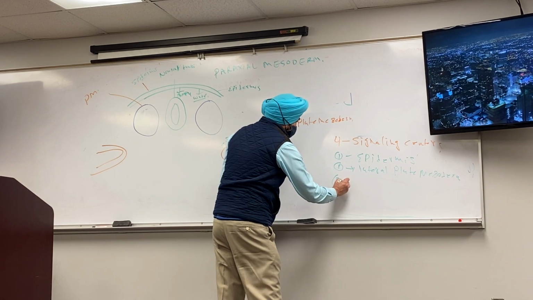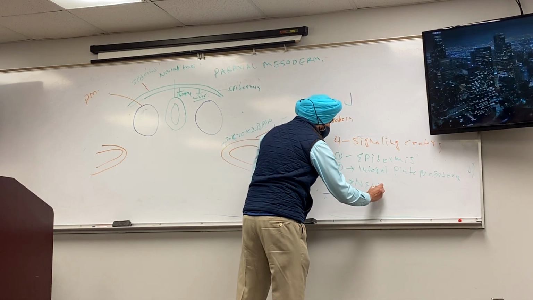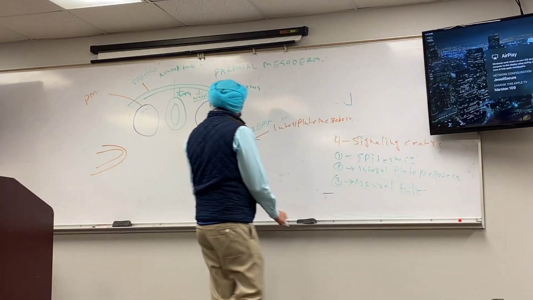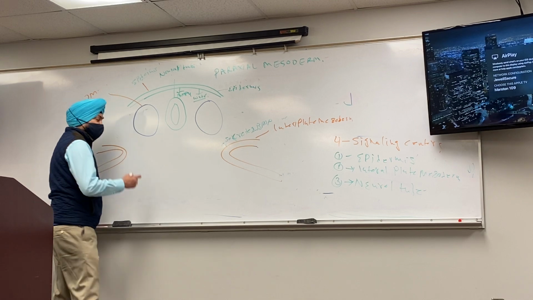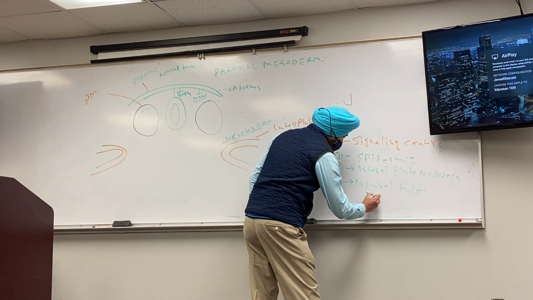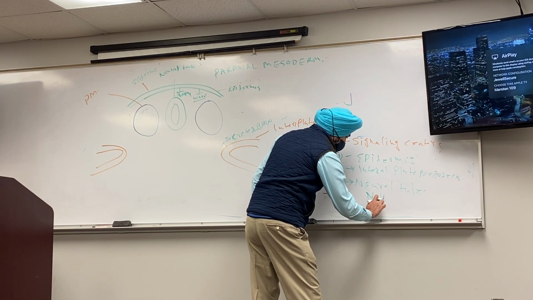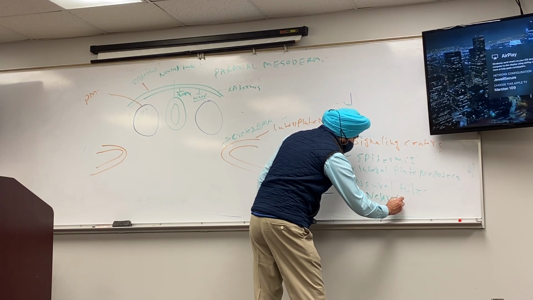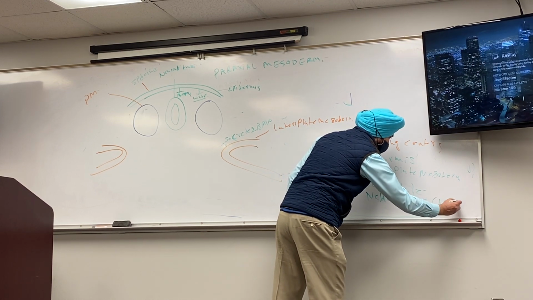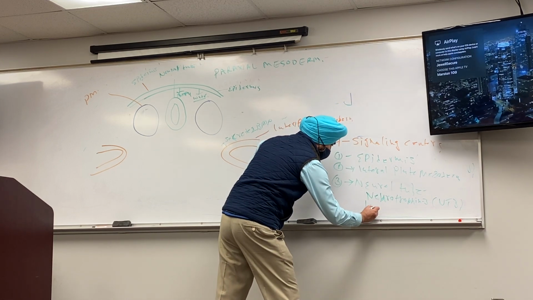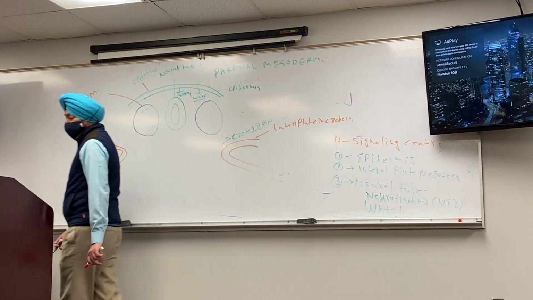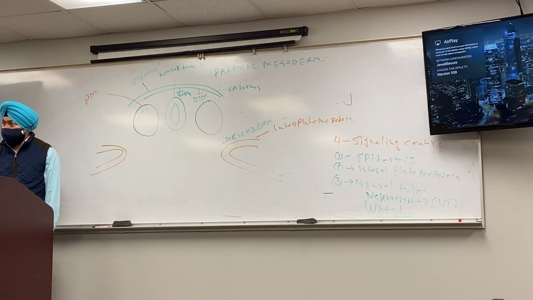And then the neural tube also serves as a signaling center. What does it secrete? It secretes 2 things. Number 1, neurotrophin 3, called NT3. And Wnt1. Neurotrophin 3 and Wnt1 are signaling there.